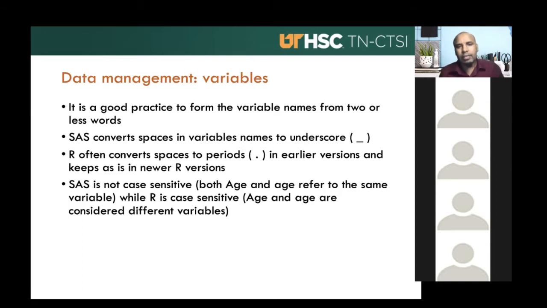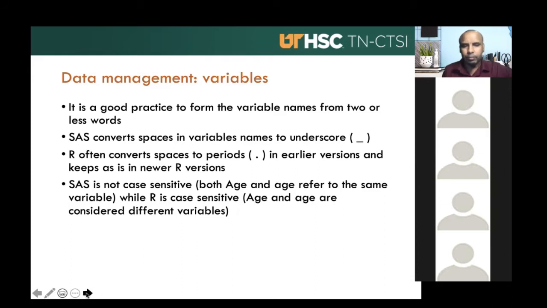SAS is not case sensitive. Both age starting with a capital A and age starting with a small a refer to the same variable in SAS, but R is case sensitive. That means a variable that starts with a capital A and one that starts with a small letter a are different in R, but the same in SAS.